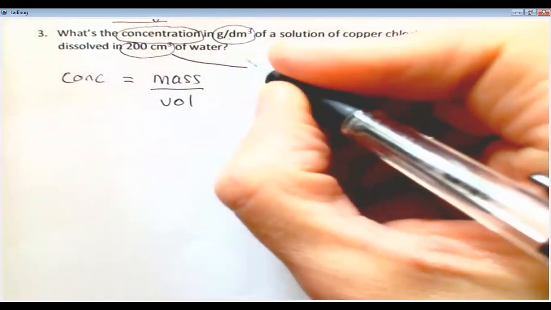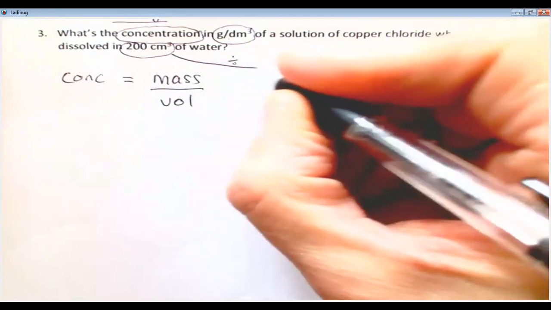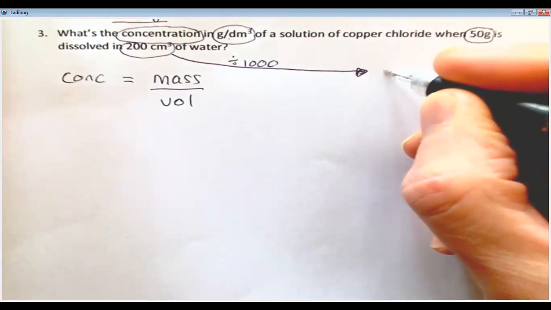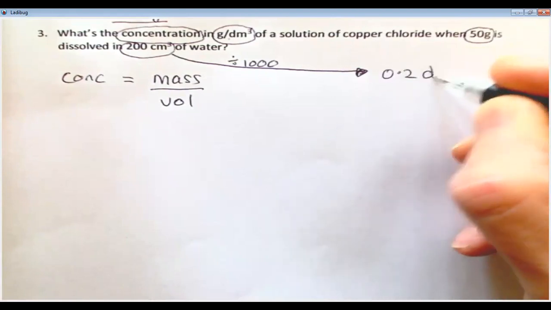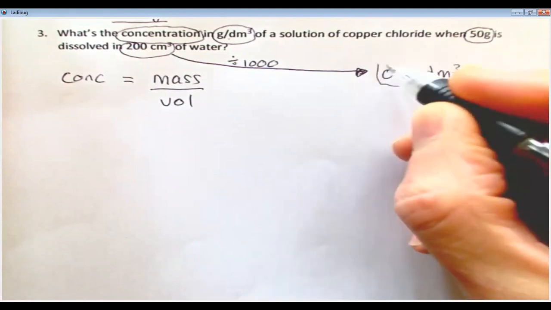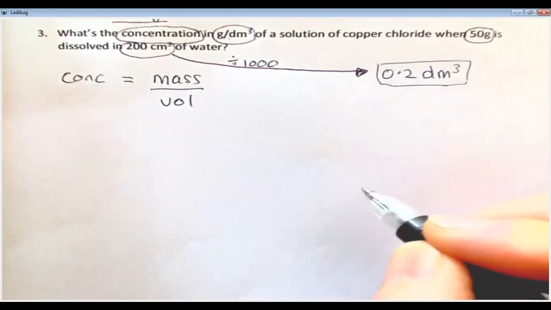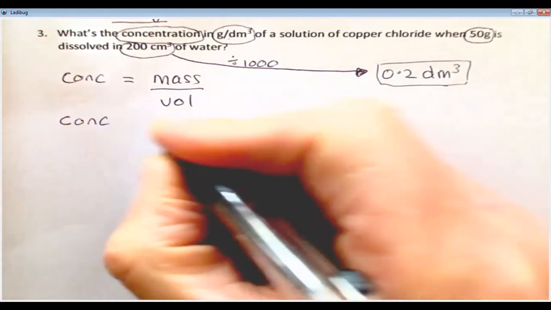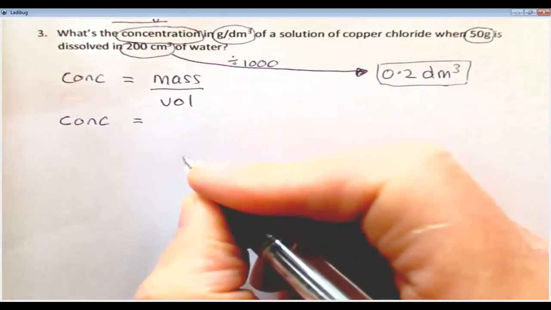Now to do that, I'm going to divide by 1,000. So this turns out to be 0.2 decimeter cubed, and that's the number I want to use in my equation now. So I'm going to do that now. So conc equals mass divided by volume.